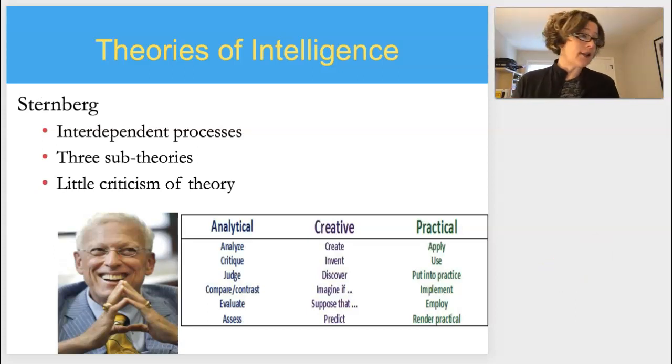This is Sternberg, and where Gardner focused on specific and separate areas of intelligence, Robert Sternberg focuses on how these intelligence factors actually work together.